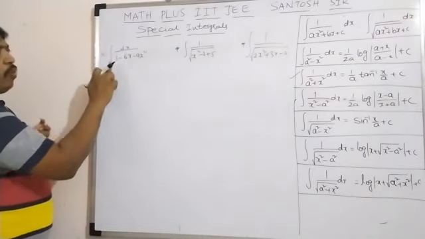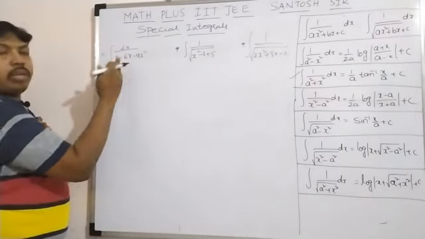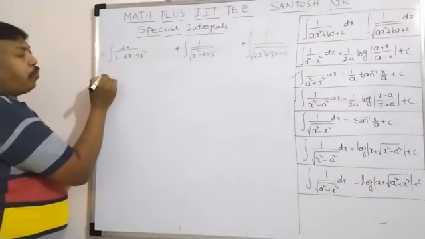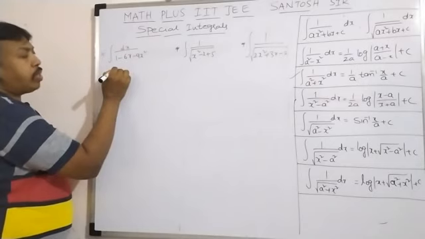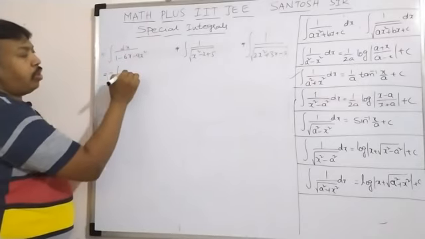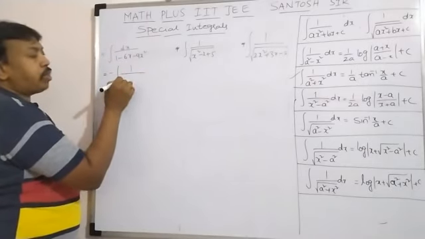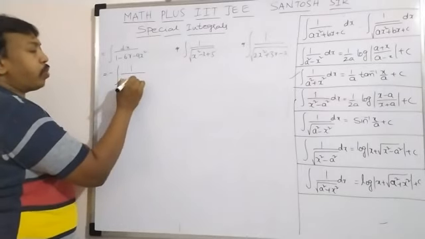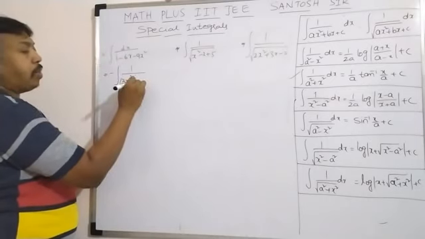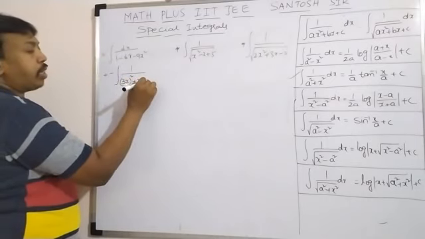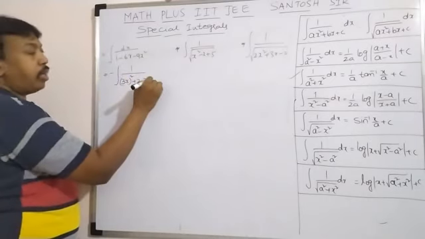Now here if you want to take minus common you can, otherwise if you want to simplify directly there is also no problem. For simplicity I am taking minus common. So 9x square I am writing as 3x whole square, minus becomes plus 2 into 3x, that becomes 6x into 1. See, now a square plus 2ab, so plus 1 square should be there.